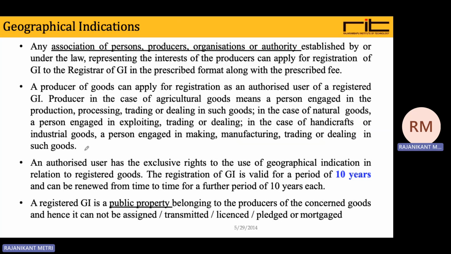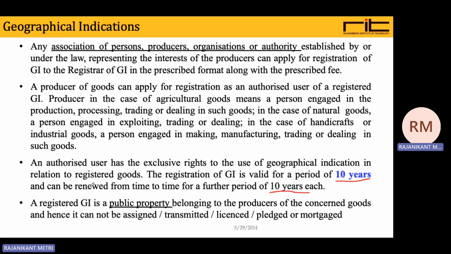An authorized user has the exclusive right to the use of the geographical indication in relation to registered goods. Generally in India, the registration of a GI is valid for 10 years. So we have seen for different points, the different durations of validity. For GIs, it is 10 years and can be renewed from time to time for a further period of 10 years.